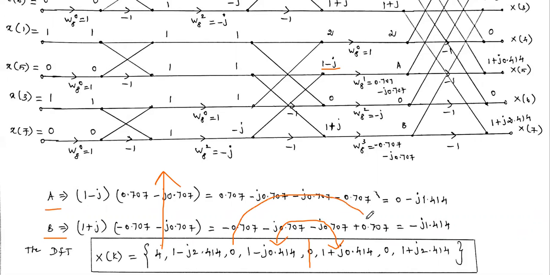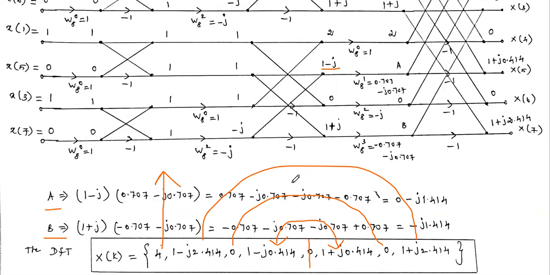Similarly, the next two data, 0 and 0, are complex conjugates. Then the next two data, 1 minus j 2.414 and 1 plus j 2.414, are complex conjugates, meaning our answer is correct. So this is the procedure to check whether our DFT answer is correct.